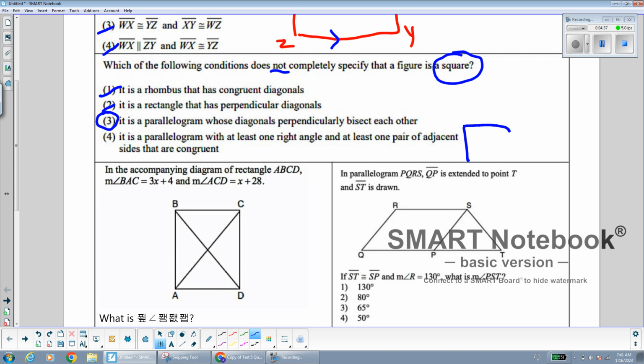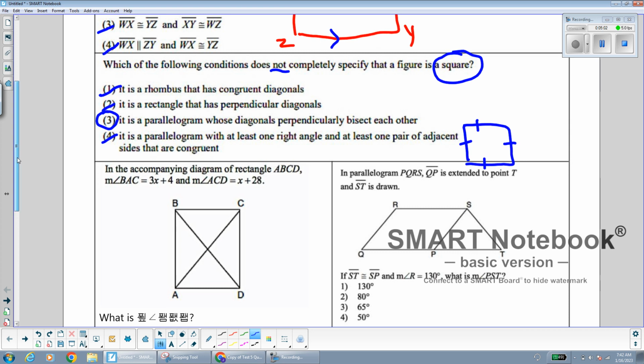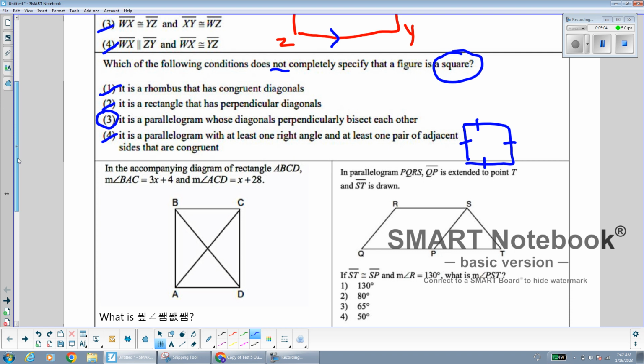We know that if we have a parallelogram that has congruent consecutive sides, it's a rhombus. That implies all the sides are equal, making it equilateral. So in number 4, we do have a rectangle property and a rhombus property. So we do know it's a square. So that's why 4 is not the right answer. We were looking for the choice that does not make it a square. That's not both rhombus and rectangle.